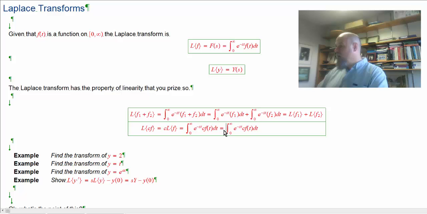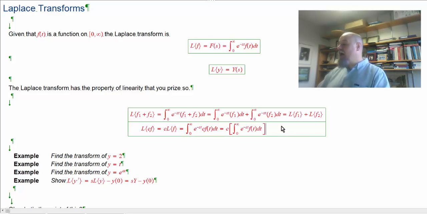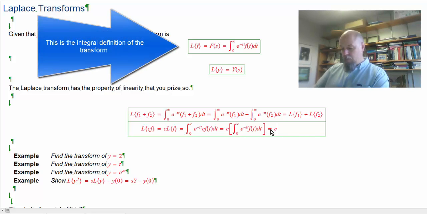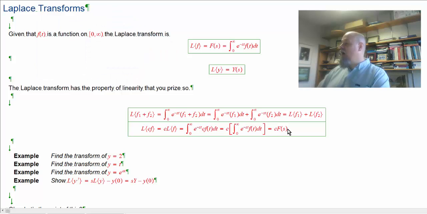So I know that with an integration I can take a constant outside. So this square bracketed piece here is, by definition, the transform of little f, which I could write as big F of s, not times f, but of s. We've integrated out the t.